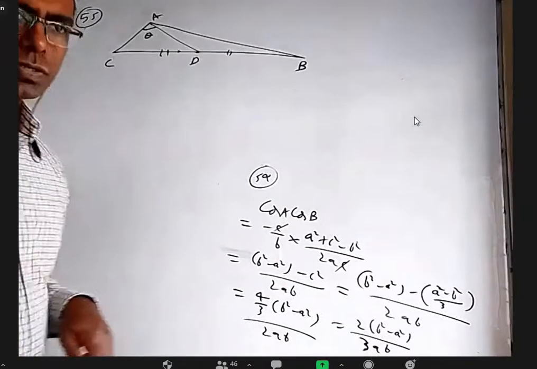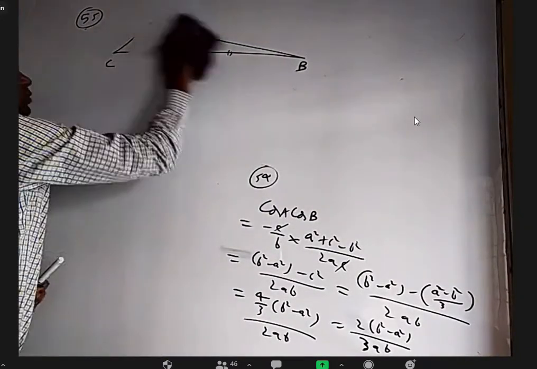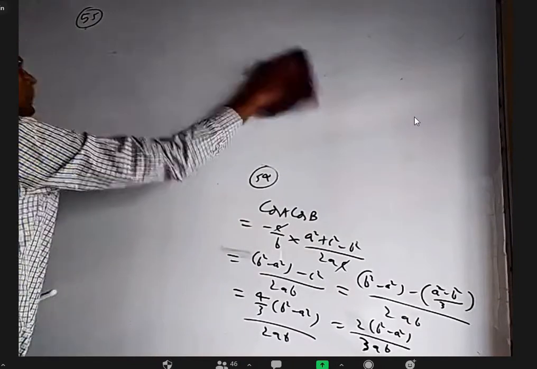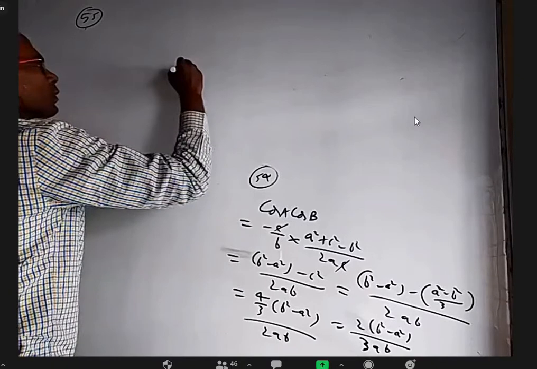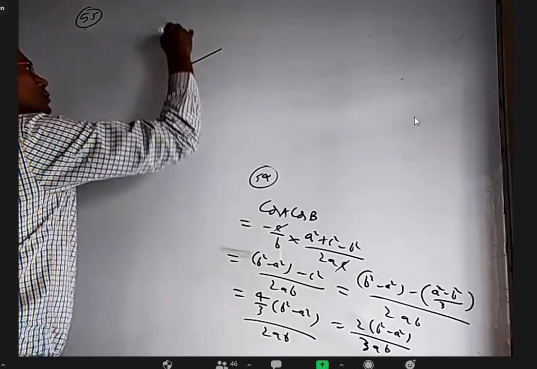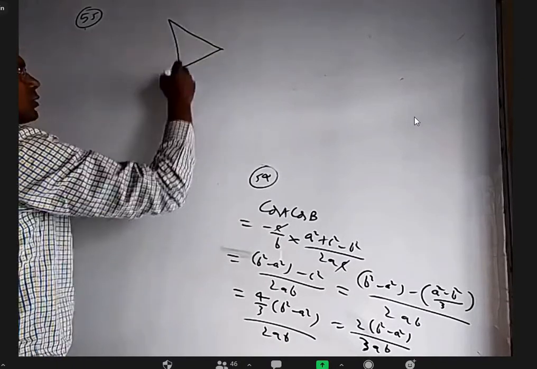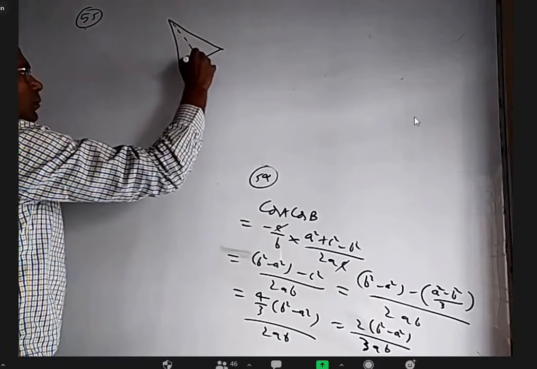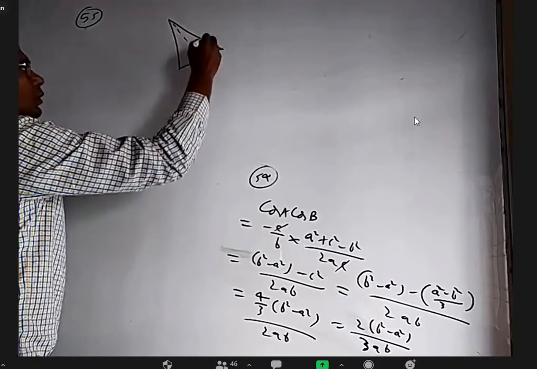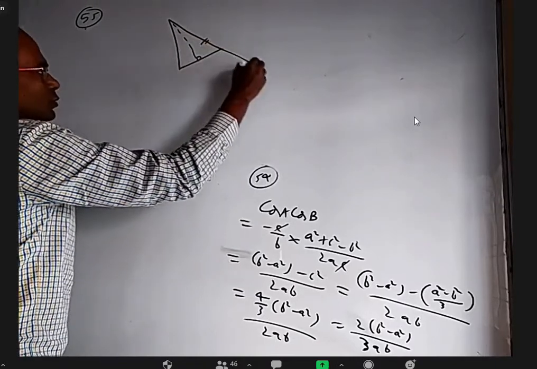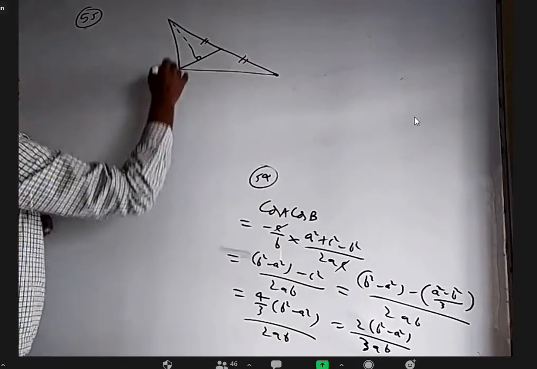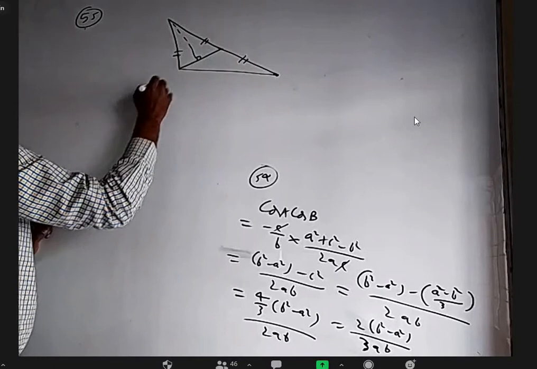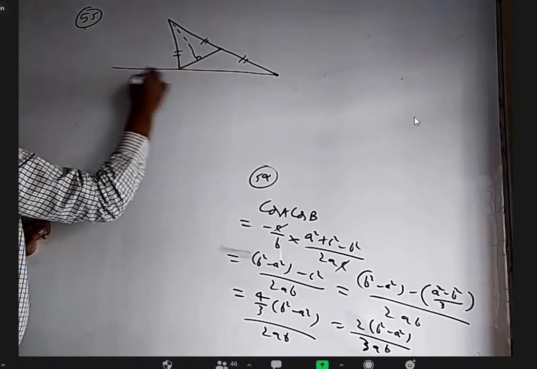Anyway, let me draw some figure. Almost this, but let me draw another figure. This is an isosceles triangle I want to take. Now I want to extend this to double.